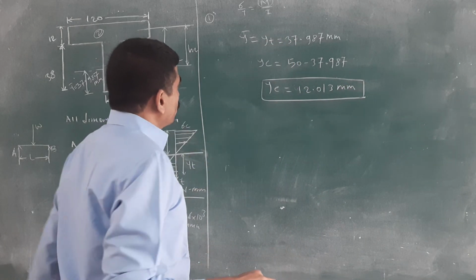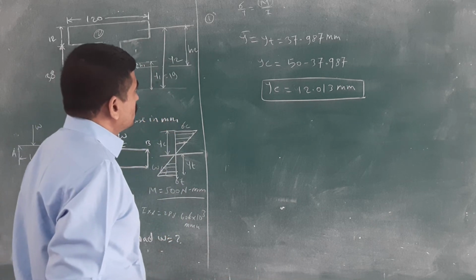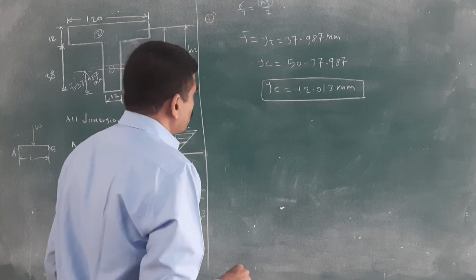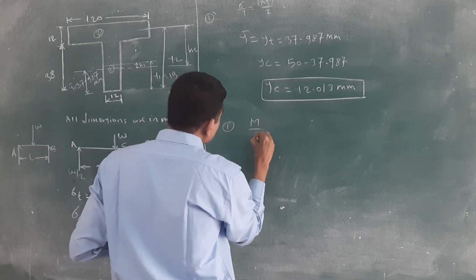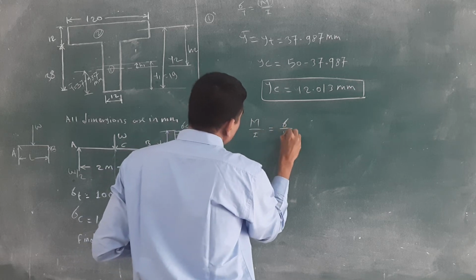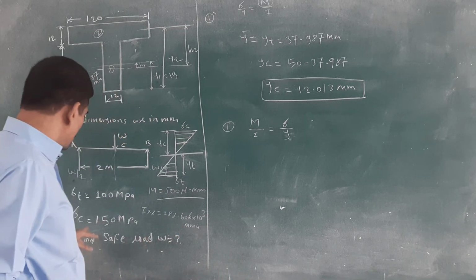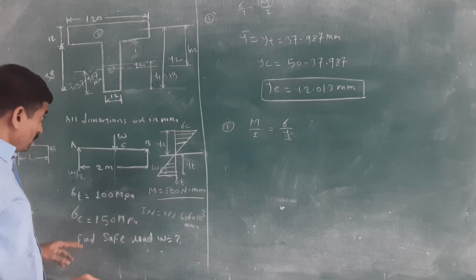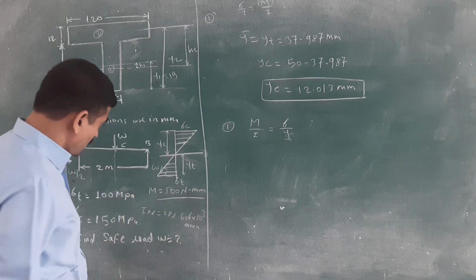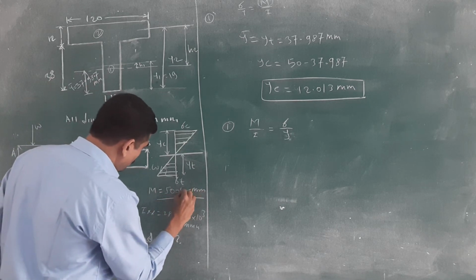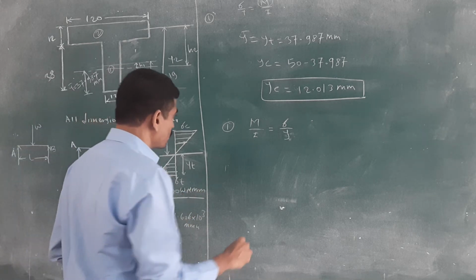Once you have got these two values, the distances above the neutral axis and below the neutral axis, then easily we can solve. The first condition is M by I is equal to sigma by Y. What do we want to find out? We want to find out the W value, right? M is equal to 500 W Newton mm, where W is the constant we want to calculate.